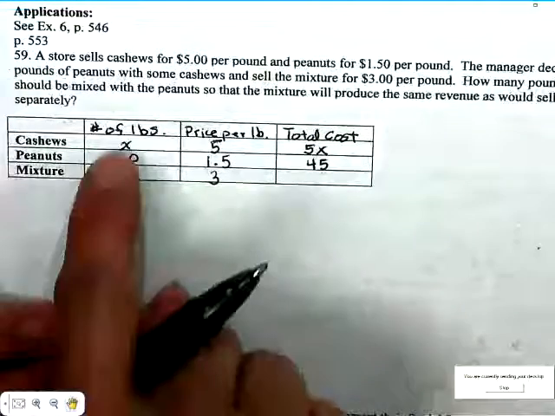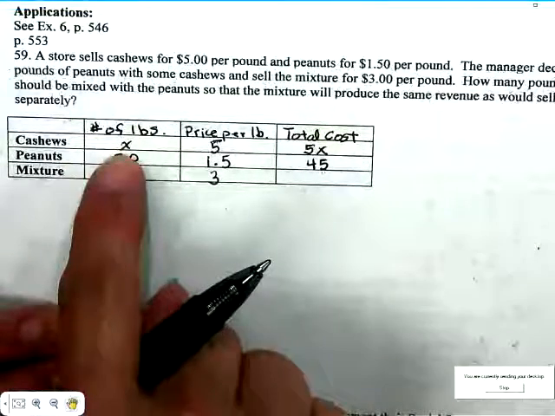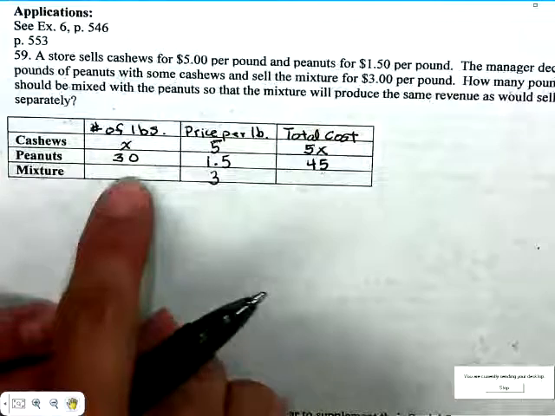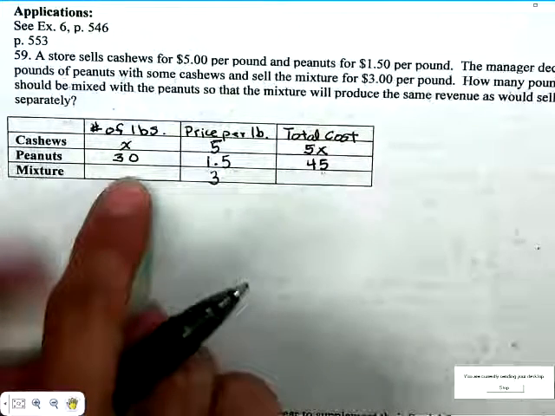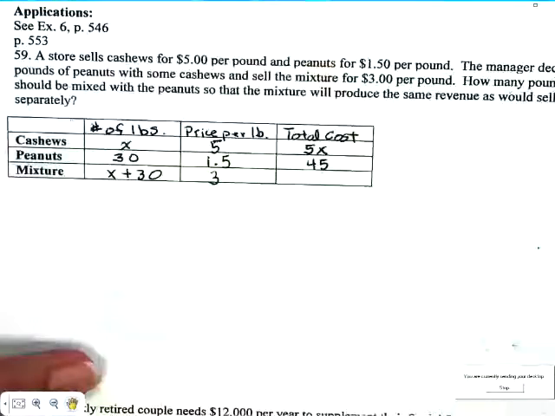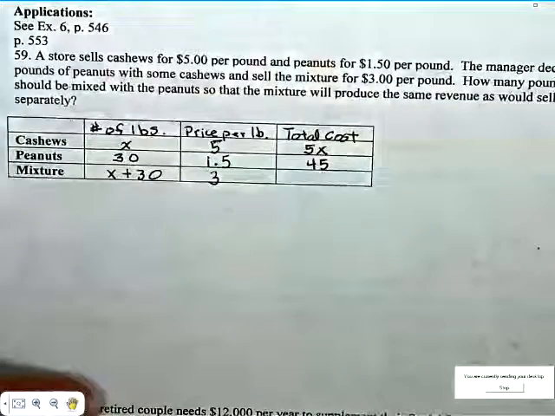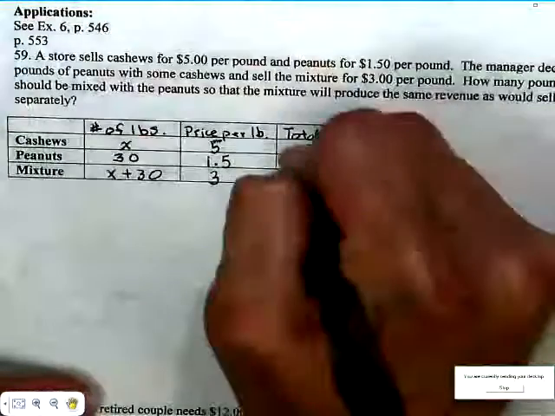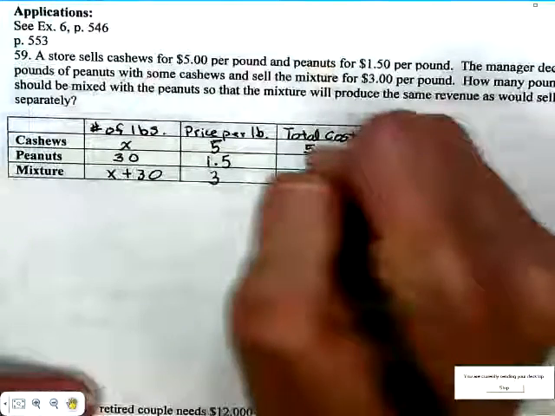Well, if I have X of these and 30 of those, how many do I have in all? X plus 30. And now I know the total cost of the mixture is 3 times (X plus 30).